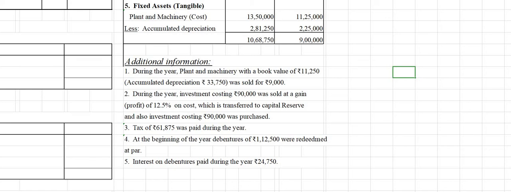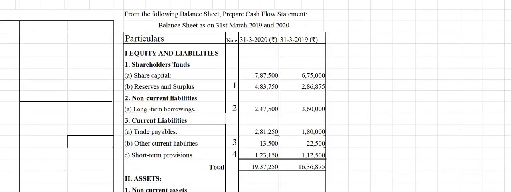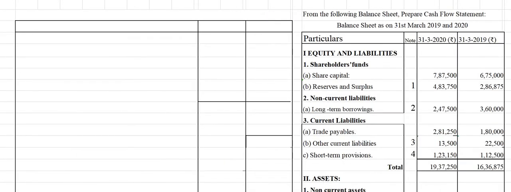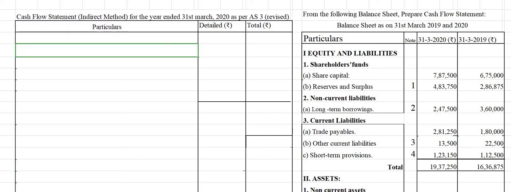Let us see the preparation of cash flow statement. So here the cash flow statement format is ready. So we know that the first item is cash flow from operating activity.